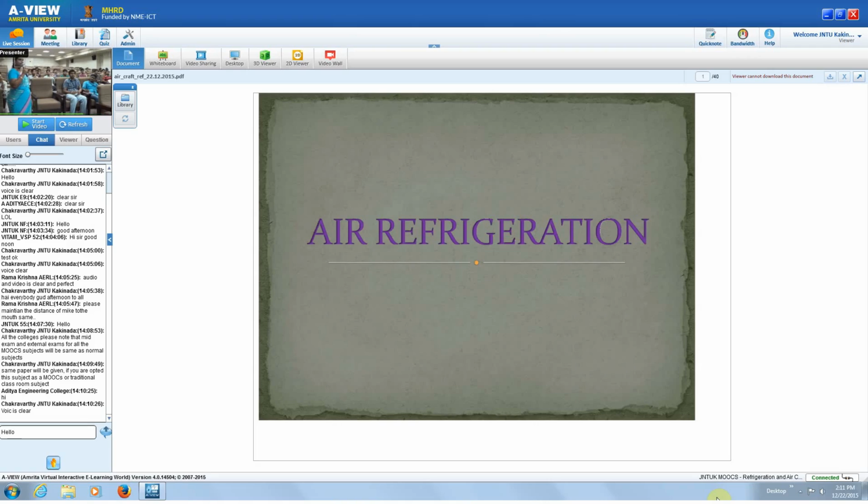The evaporator is nothing but the space where exactly the cooling effect is required. And we have derived that the COP of the reversed Carnot cycle is the ratio of the lower temperature to the difference between the two temperatures, higher temperature and lower temperature.